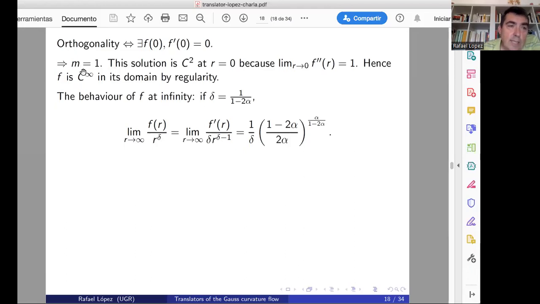Exactly, the constant of the integral m must be 1. The solution is C2 using the L'Hopital rule, and after by regularity, in fact, the function is smooth, okay? And the behavior at infinity is only to compute this limit when r goes to infinity and apply the L'Hopital rule.